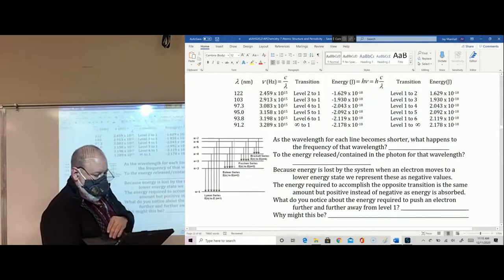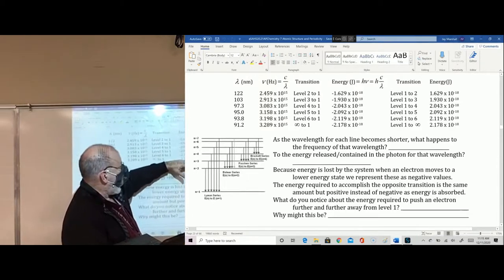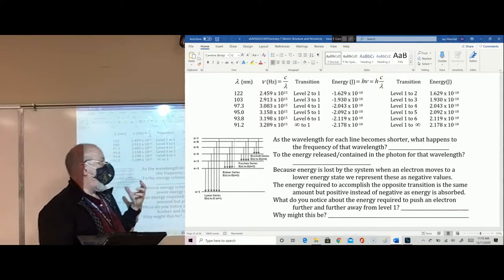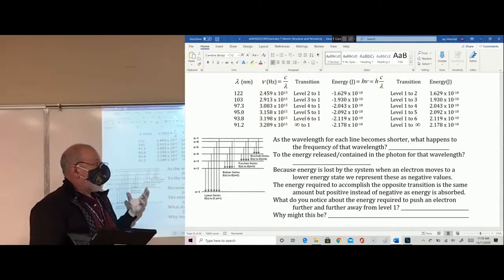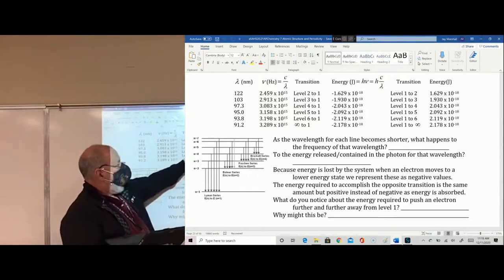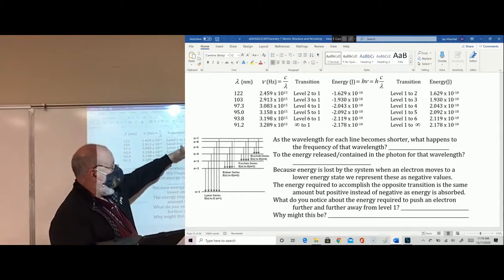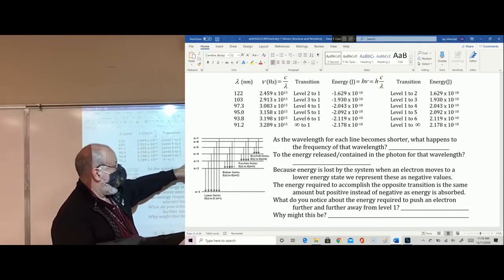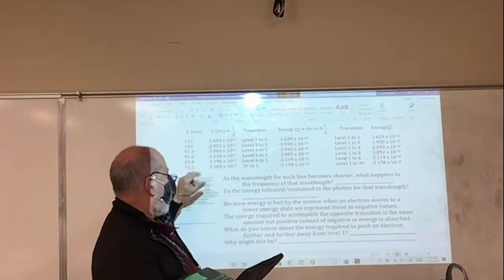If the electron just came out of nowhere, the energy state of that electron and that proton, if they're not together in the same atom, is more than if the electron's at the ground level.